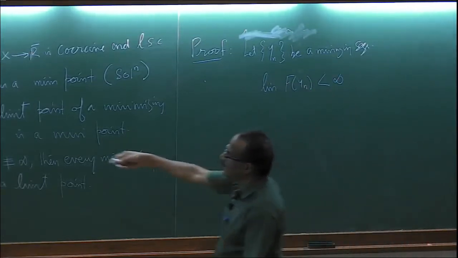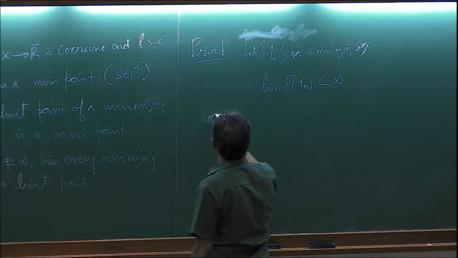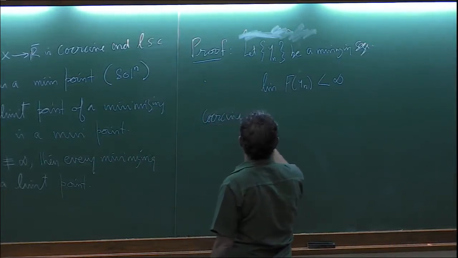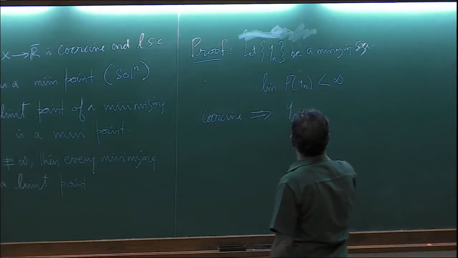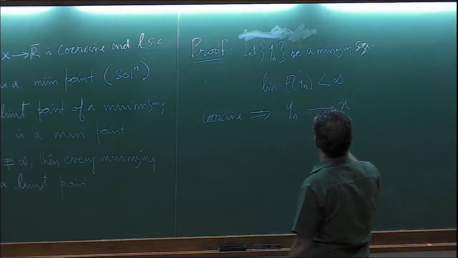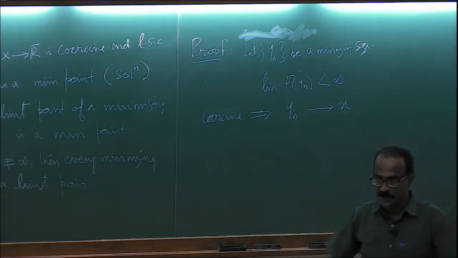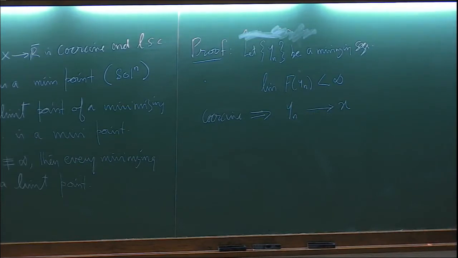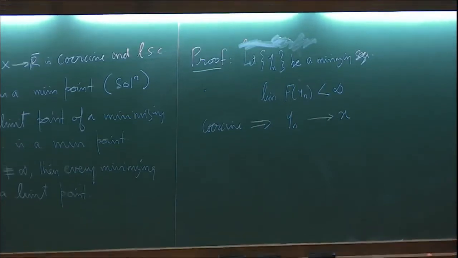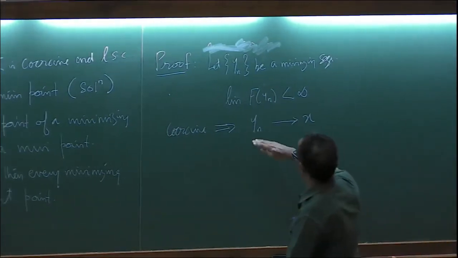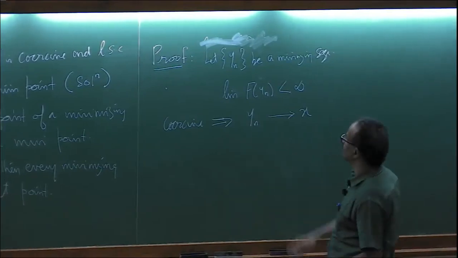If this is finite, coercivity implies yn converges along a subsequence. Though I write it again as yn, I don't distinguish subsequences. That's a general convention we are following. Okay, it's actually along a subsequence.